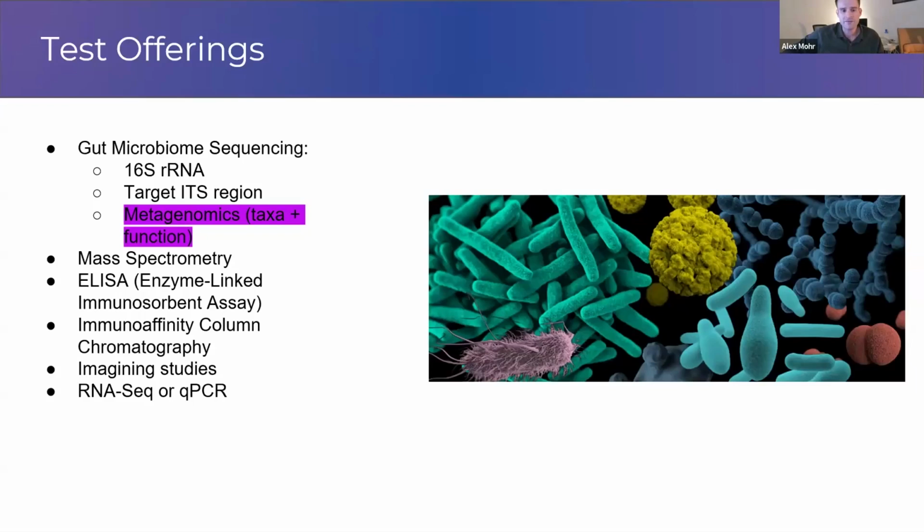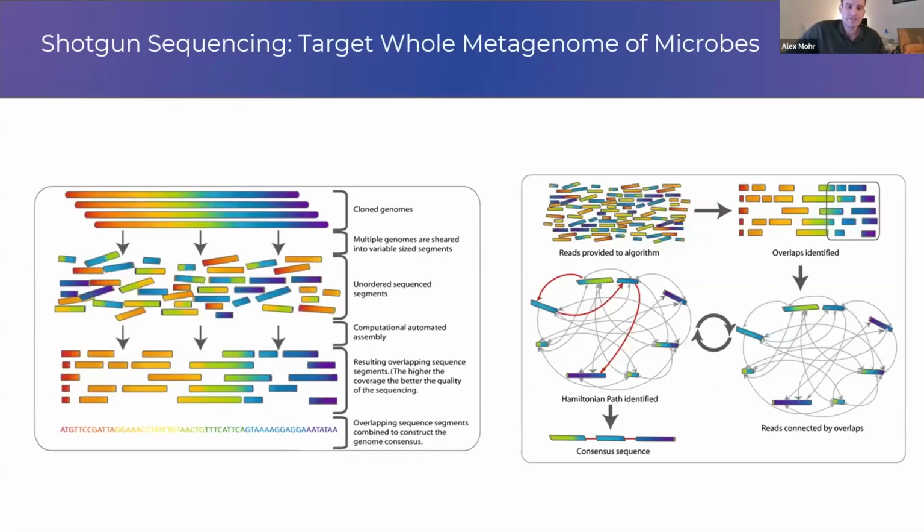Because if we're just looking at features, then we're just drawing associations. Well, this microbe might do this, but when we get at function, we can actually tell you what is occurring in that environment. So the type of sequencing that we specifically use for our testing platform, and the results that you get in your report, leverages what we term shotgun sequencing. So this is basically whole metagenome sequencing.